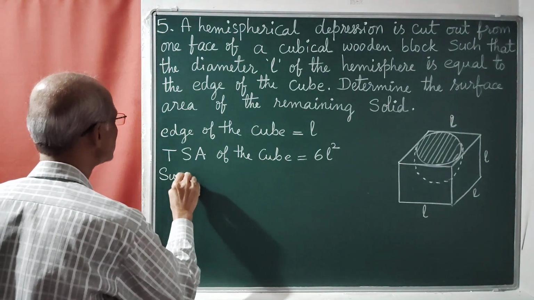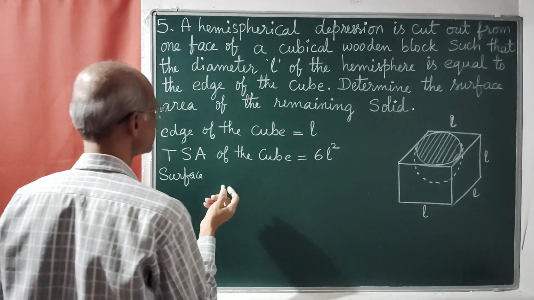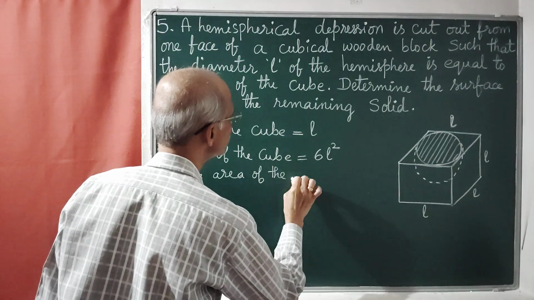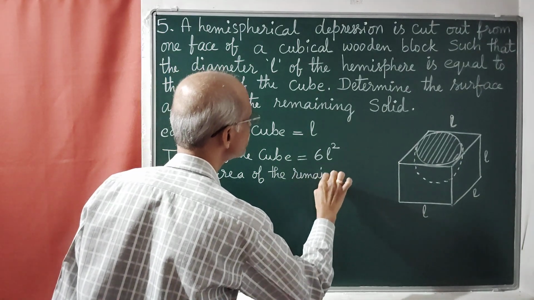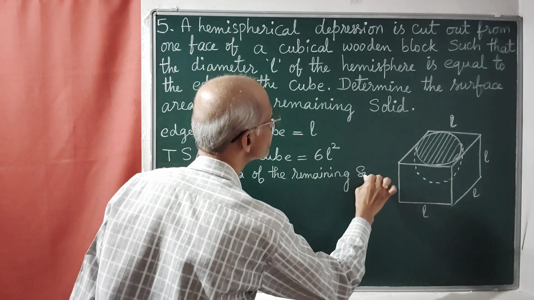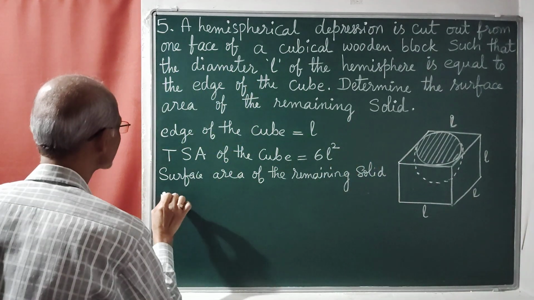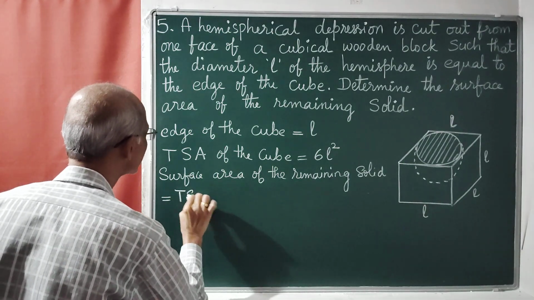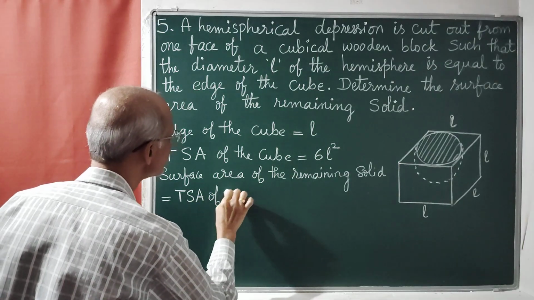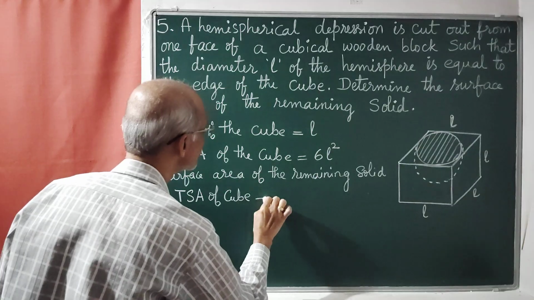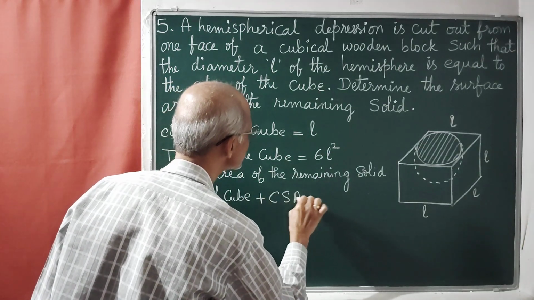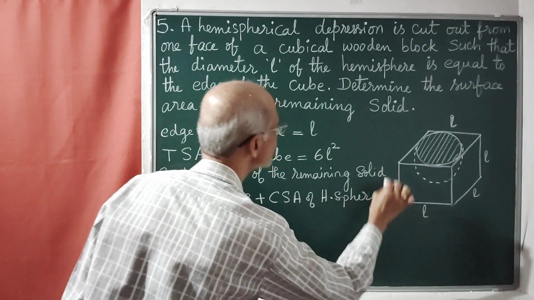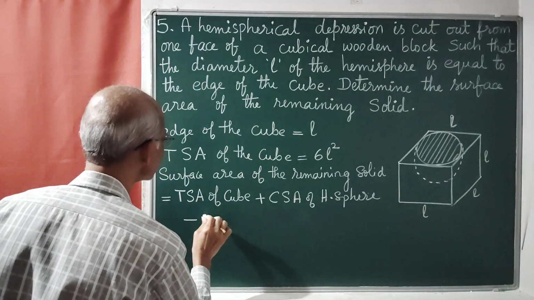Then next, we will find the surface area of the remaining solid. So the surface area of the remaining solid is equal to TSA of cube plus CSA of hemisphere minus area of the circle.